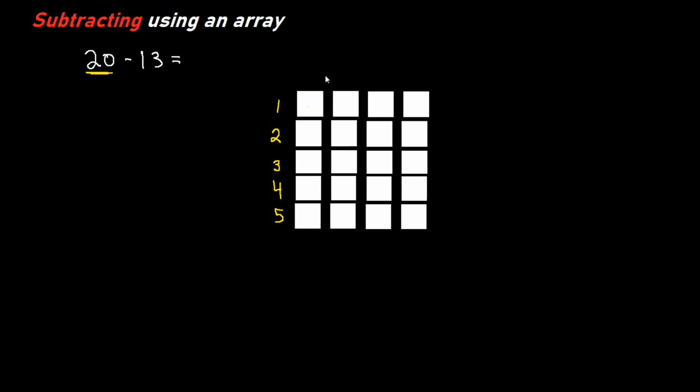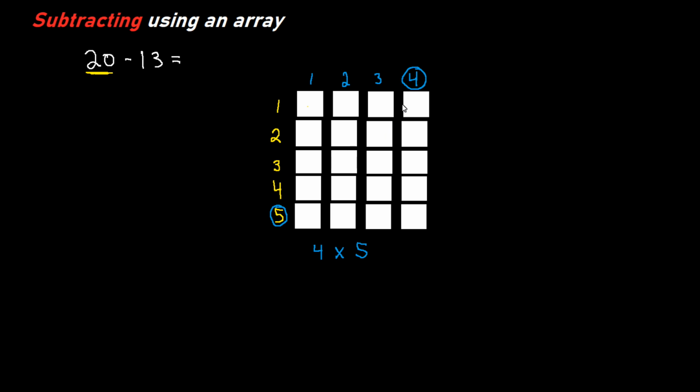I have one column of 5, 2 columns of 5, 3 columns of 5, and 4. So we have a total of 4 columns of 5, and we have a total of 5 columns of 1, 2, 3, and 4.